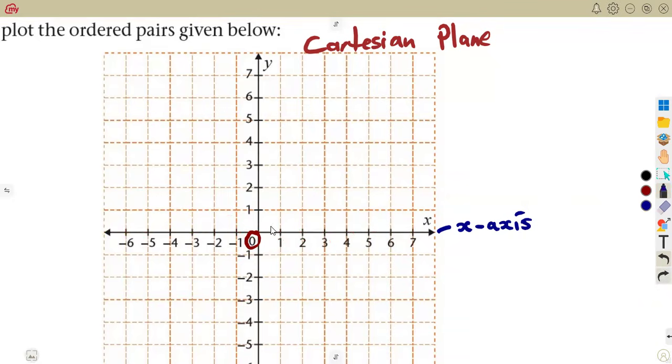Values which are taken along this horizontal axis going to the right, these values of x going to the right, they are positive. We are talking of what? Positive values of x. And these ones going the other side from this 0 here, going -1, they are negative.